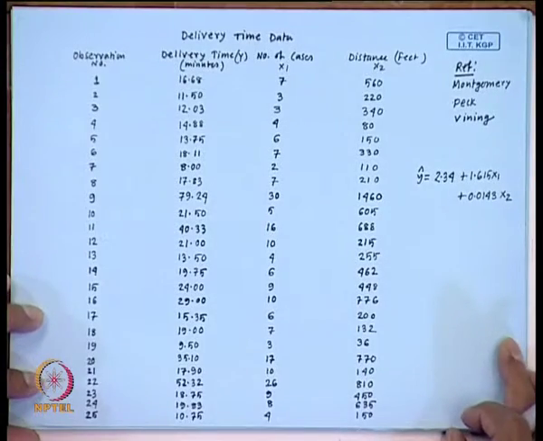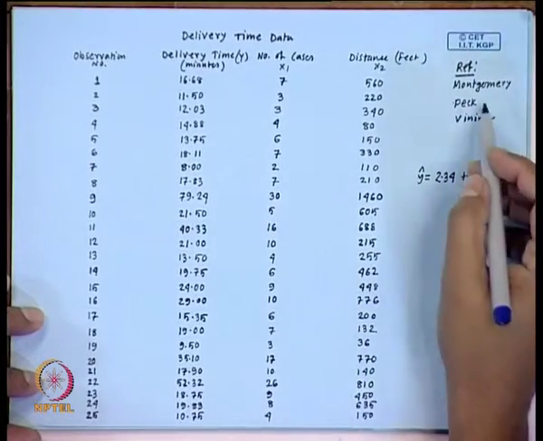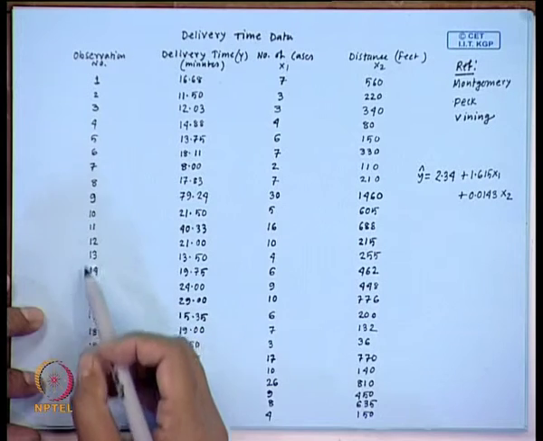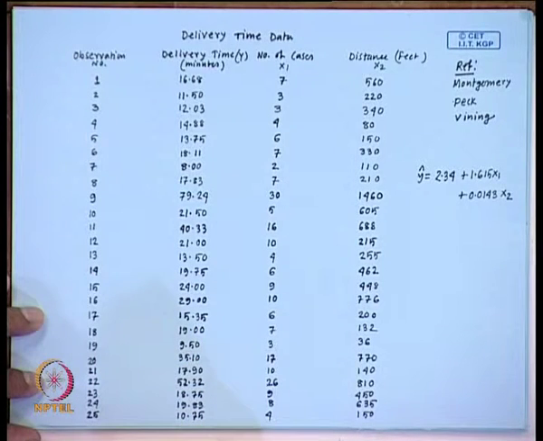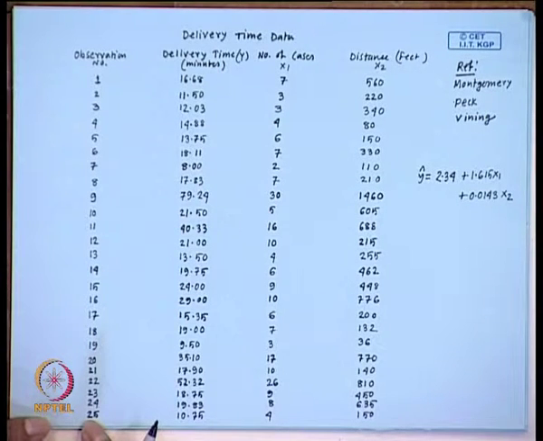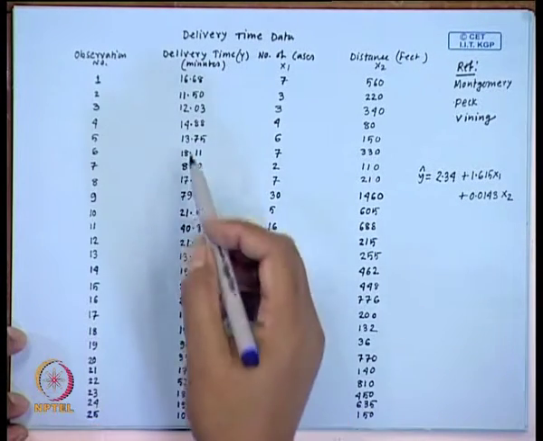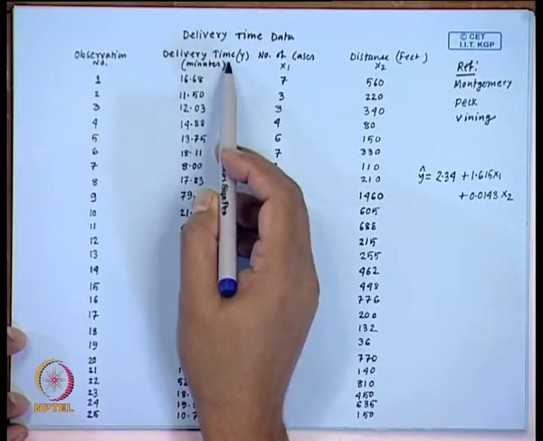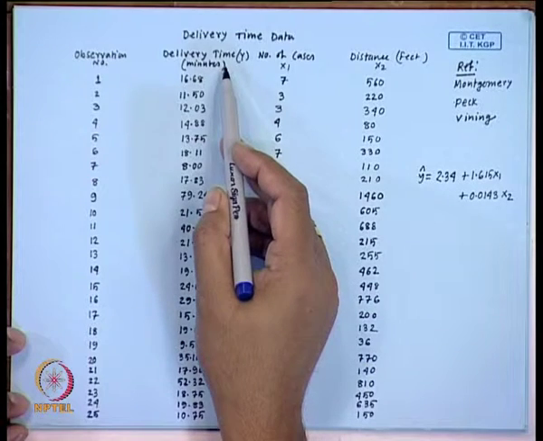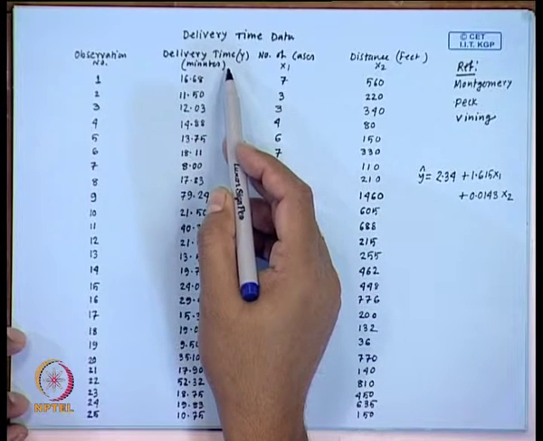So, this is an example from Montgomery's book. Here the first column is the observation number. There are 25 observations, and the second column is the delivery time, which is the response variable.